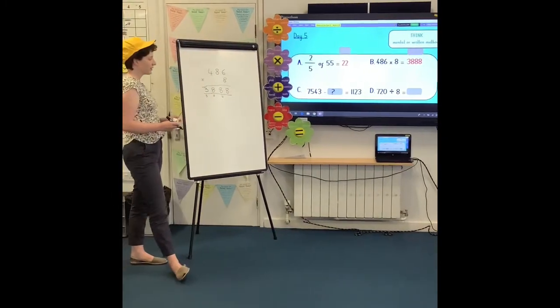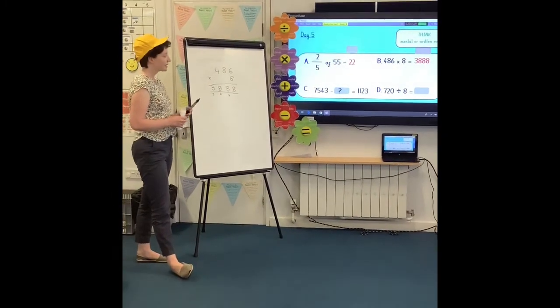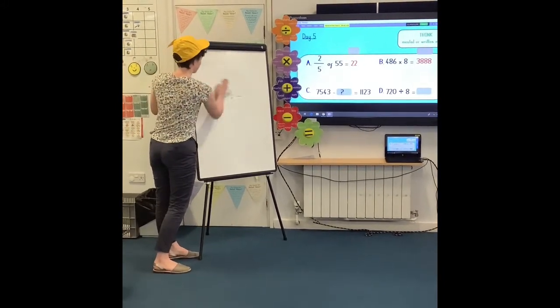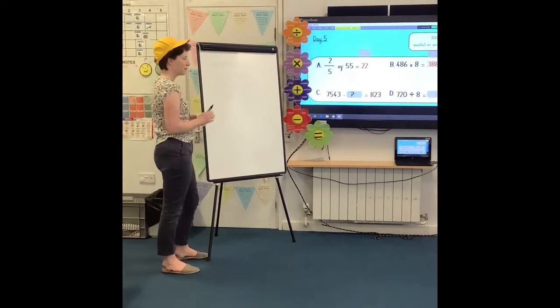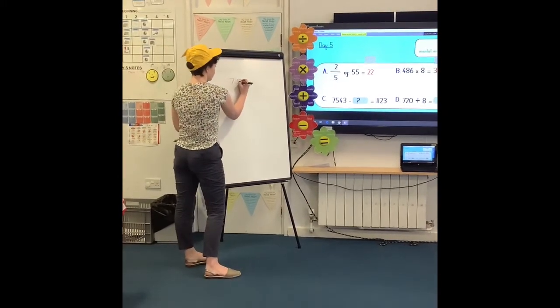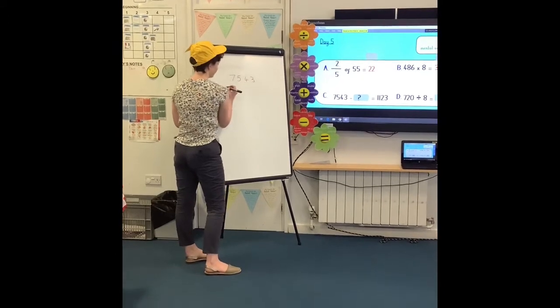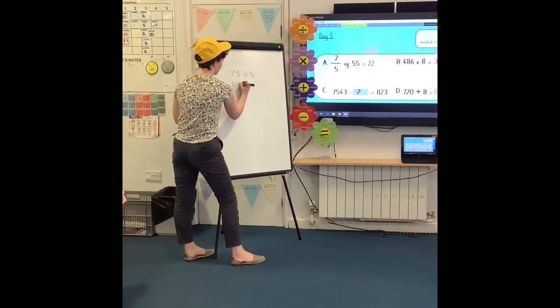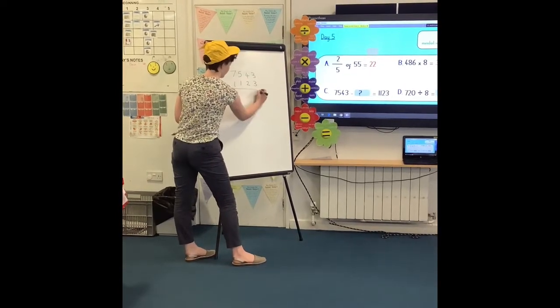C, we've got 7,543 subtract something equals 1,123. So we're just going to have to do a bit of rearranging of this calculation to help us find the missing number. 7,543, instead of subtracting what we don't know, we're going to subtract 1,123.